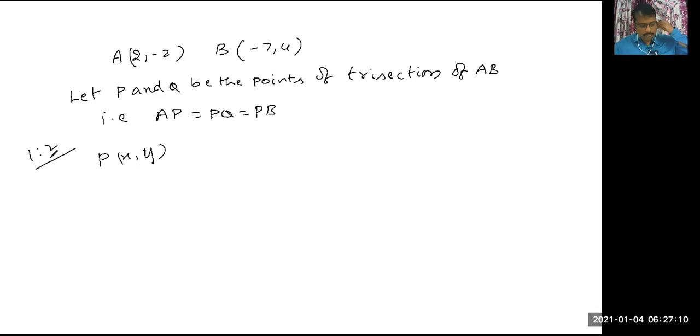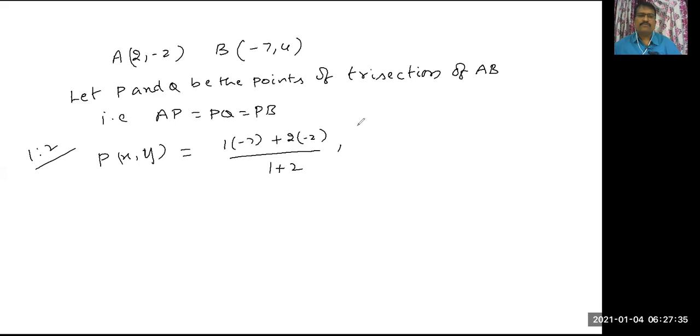First thing is 1:2. So here m is 1 and n is 2, x1 is 2 and y1 is -2. So as usual, 1 into x2, that is -7, plus n y1, 2 into -2, by m plus n, 1 plus 2.